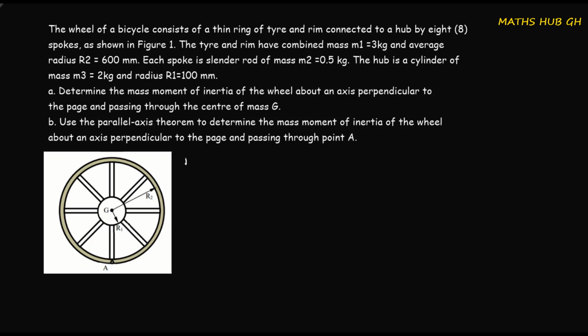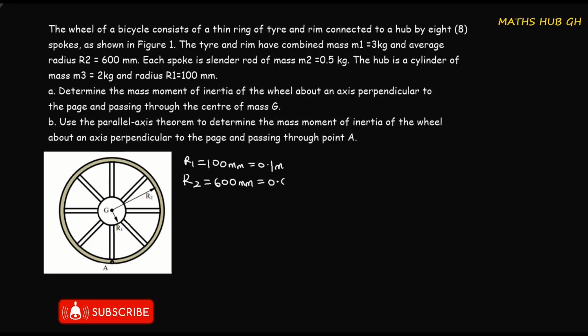For R1, which is equal to 100 millimeters, if you multiply this by 10 to the power minus 3, you're going to get 0.1 meters. And then for R2, which is equal to 600 millimeters, you're going to get 0.6 meters.